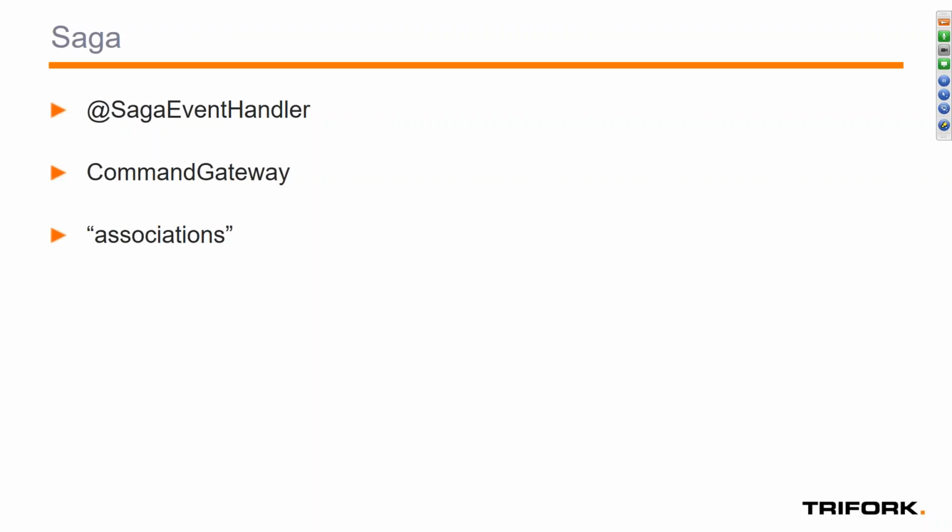We've seen how you can use the command gateway in your Saga instances, how you can inject them, and we have worked with associations. Similar to how you've added associations, you can also remove associations. So when a certain concept is not important for the Saga anymore, you can just remove the association and it will not be triggered by those events anymore.